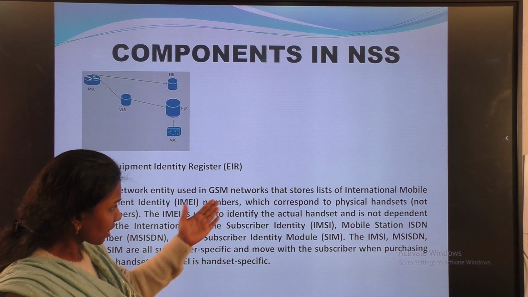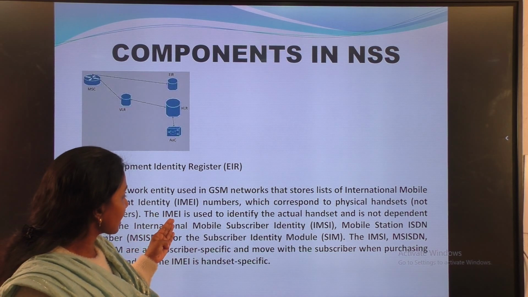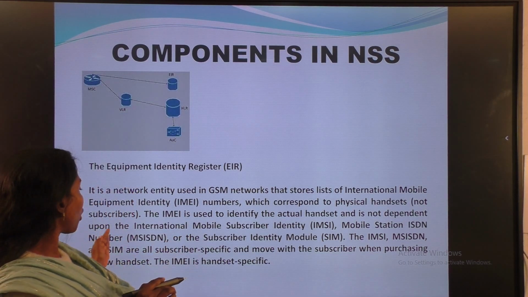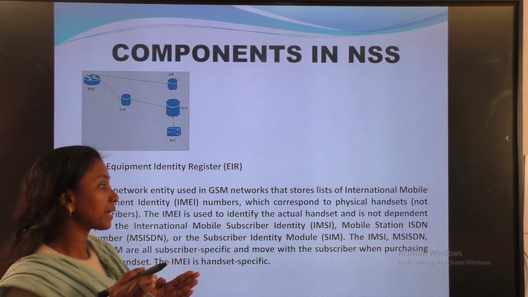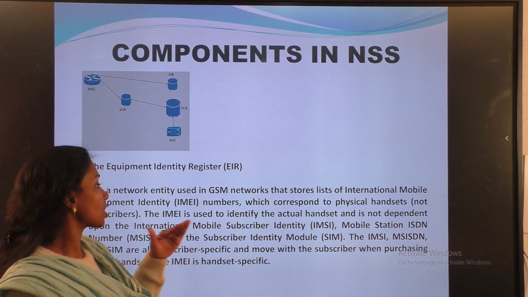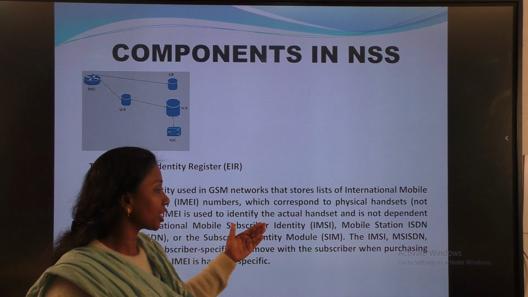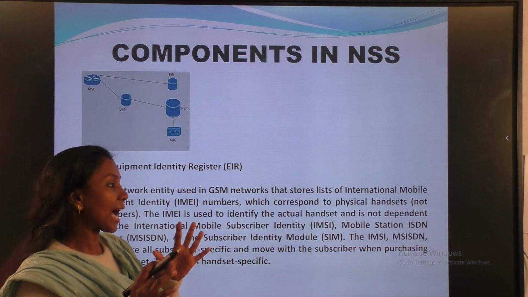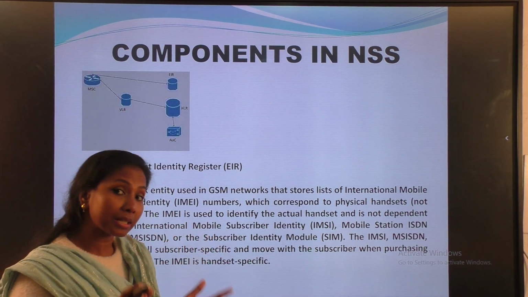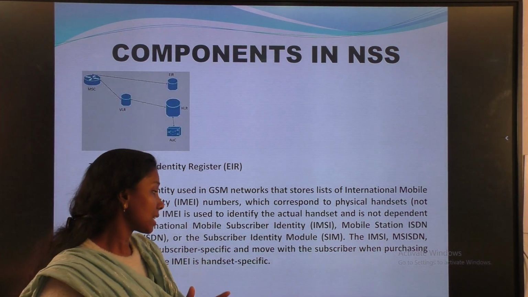It corresponds to the physical handset, not the subscriber. So the IMEI is used to identify the actual handset and does not depend upon the international mobile subscriber identity, that is the IMSI, the mobile station ISDN number, that is the MSISDN, or the subscriber identity module, the SIM. The IMSI, MSISDN and SIM are all subscriber specific, but your IMEI is handset specific.